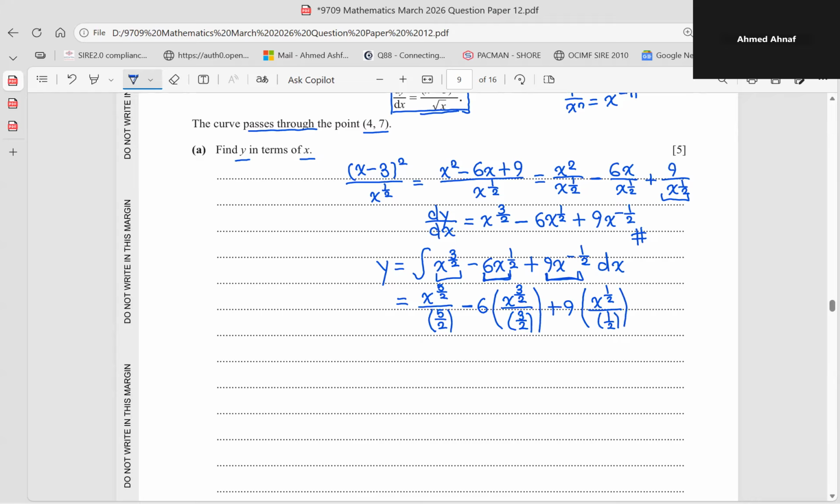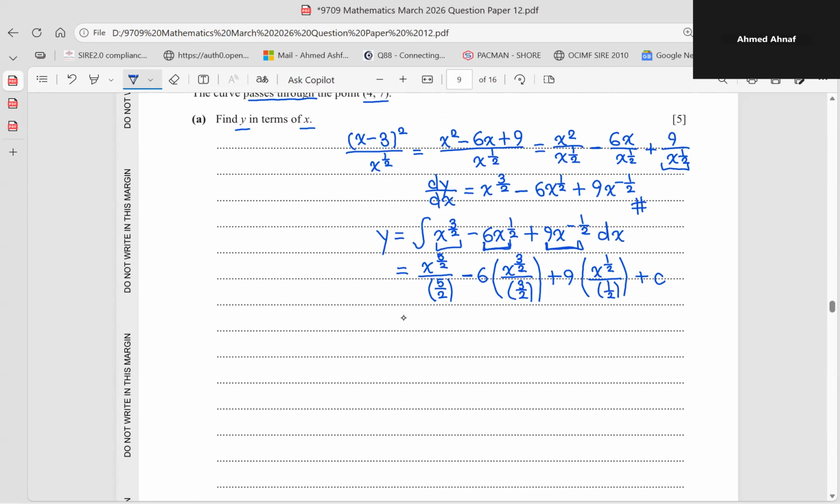And for integration, you must always put plus c. Okay? For integration, it's a must. Okay, let's simplify this. So 2 over 5 times x to the power of 5 over 2 minus 6 times 2 over 3. 6 divided, yeah.